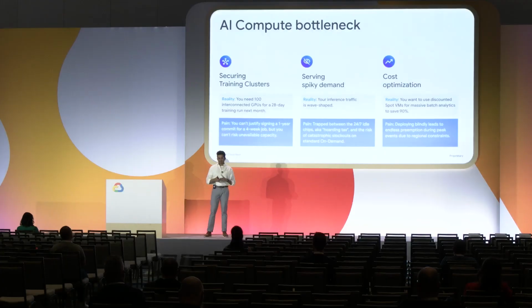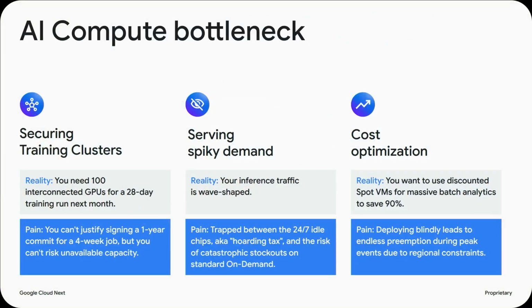Number 1, training. You need 100 interconnected GPUs for a 28-day training run. Now, you can't go and sign a 1-year commit for a 4-week job. You also cannot rely on standard on-demand and just hope that 100 GPUs would magically appear on a Tuesday morning. So how do you overcome a challenge like this?